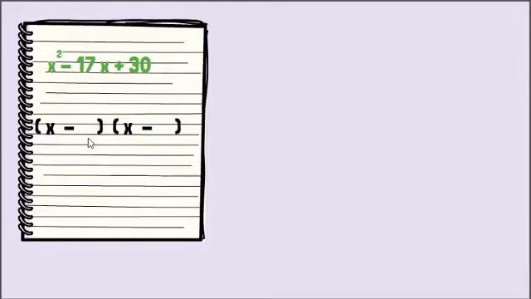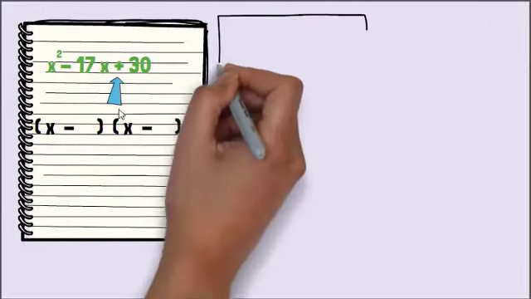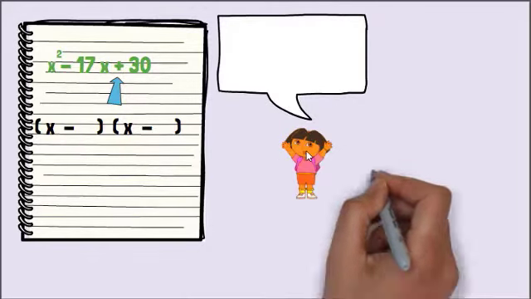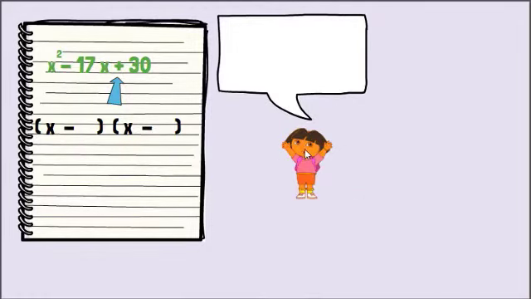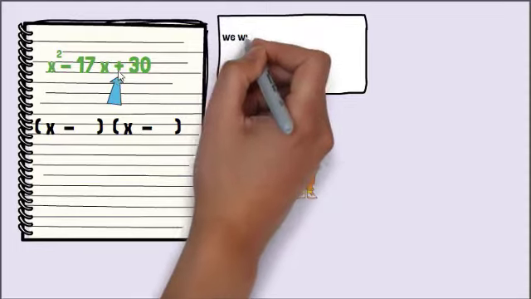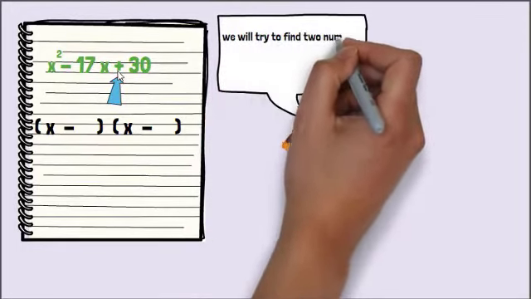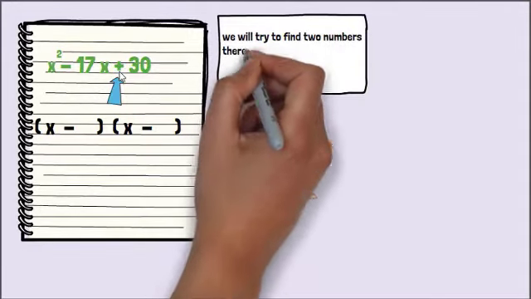Now we want to factorize the third term. Let's see what Dora will say to us. Dora says, if the sign of the third term is positive, we will try to find two numbers whose product equals 30 and whose sum equals 17.